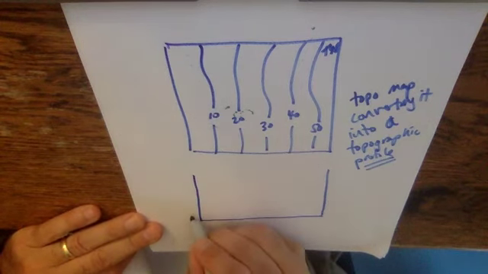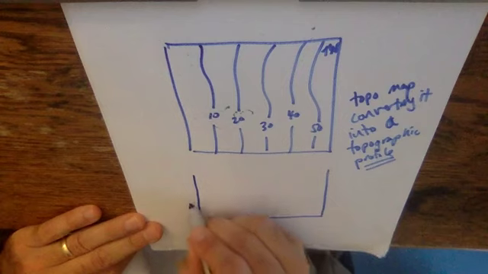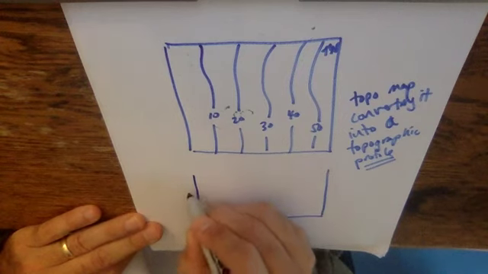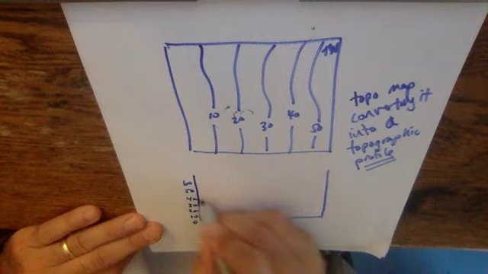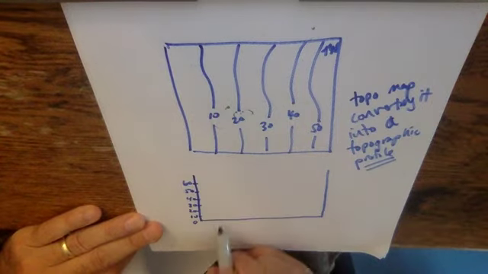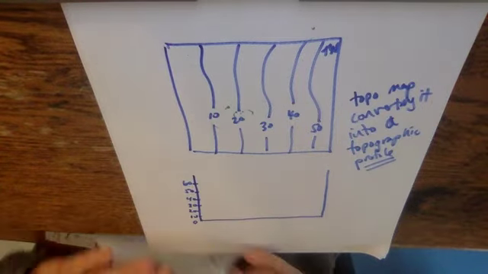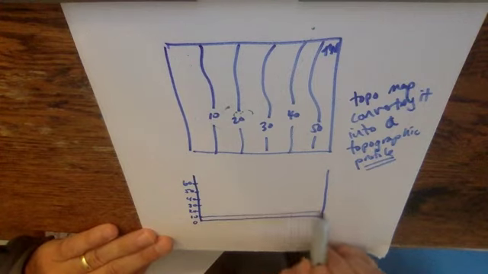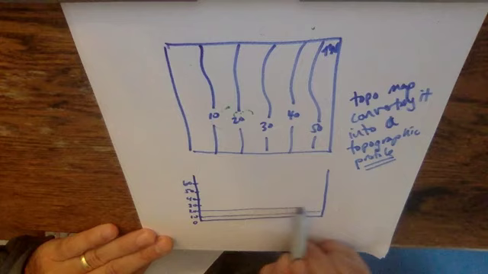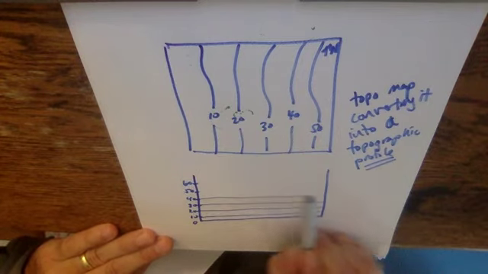So let's make this 0, 10, 20, 30, 40, 50, 60, right? And we're going to draw lines across really, really gently, demarcating each one of those different elevations.